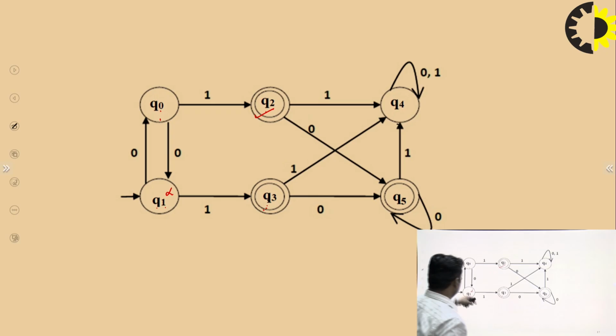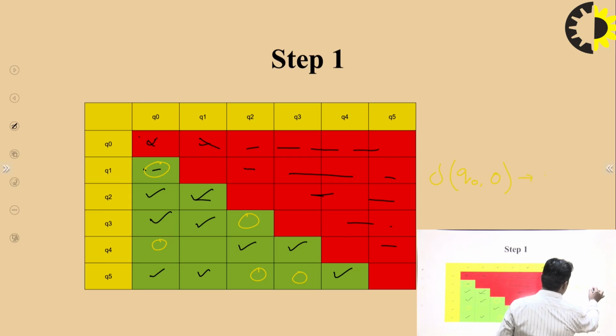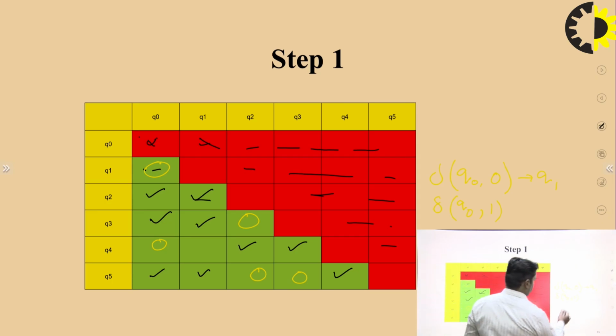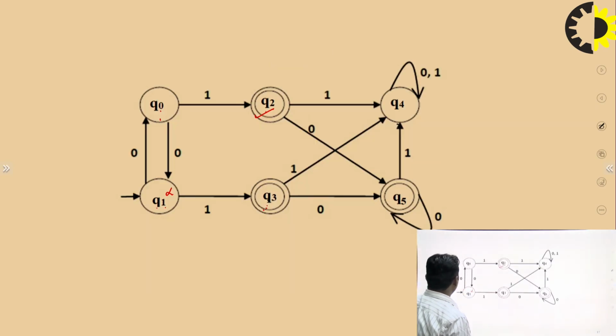When the state is Q0, input 0, next state is Q1. Then when Q0 is 1, next state is Q2.